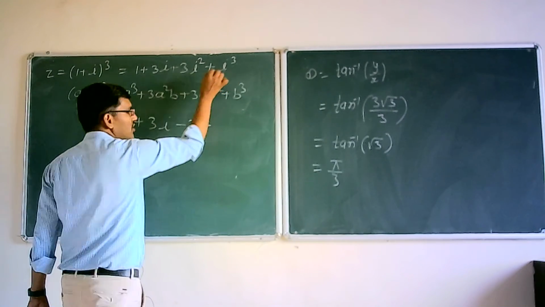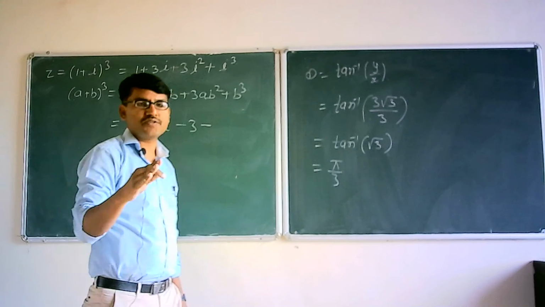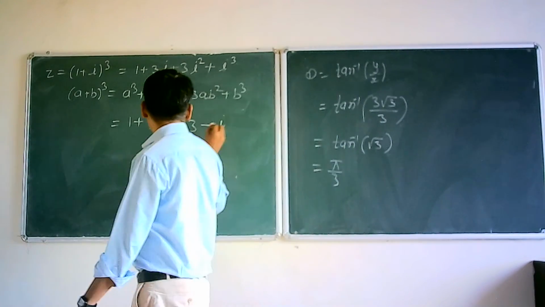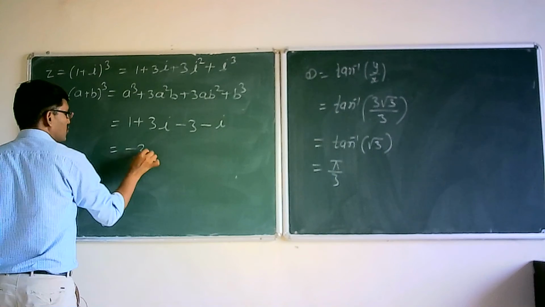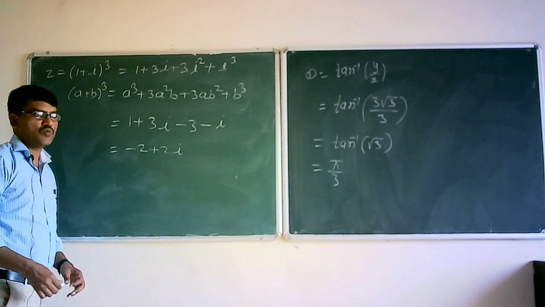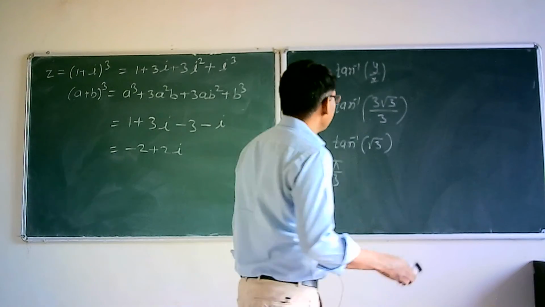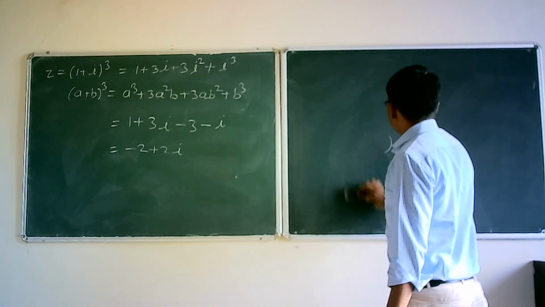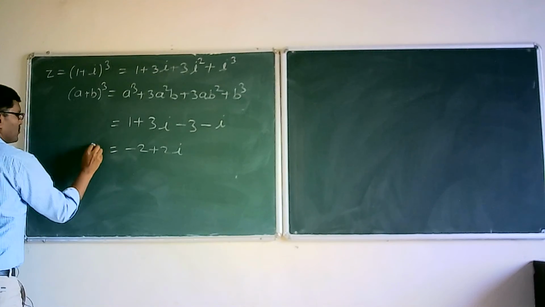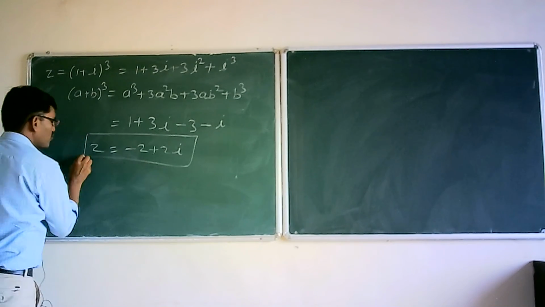What is iota cube? Iota cube is i square into i. So i square is minus 1, so it is minus i. So if you simplify this, it is minus 2 plus 2i. So z, which is (1 + i) cube, is z = -2 + 2i.